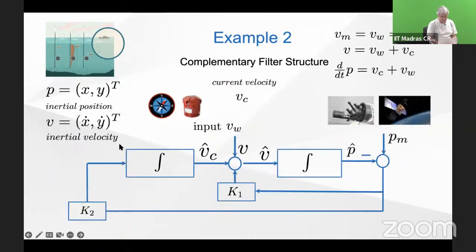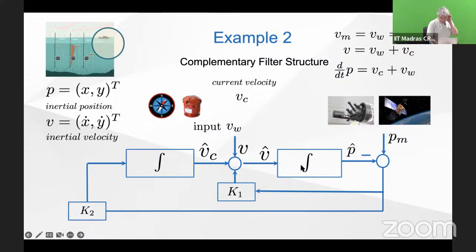And then I'm not going to spend too much time with this, but this is the way it goes. I mean, the derivative of a position is velocity. I'm assuming we are shooting against the water current, so there's the input from the water, the input in the Doppler here, and then you have to estimate the velocity of the current. And this is basically the example I have shown you before.